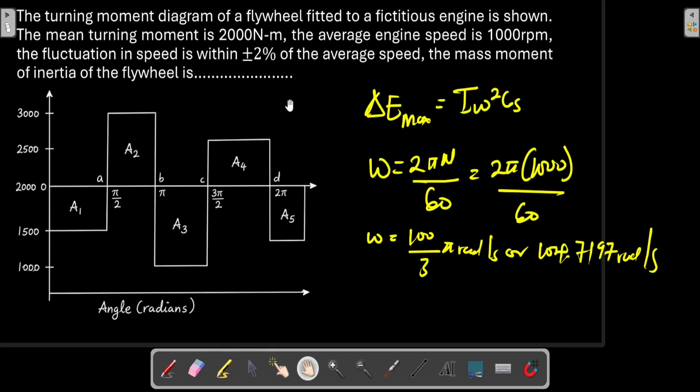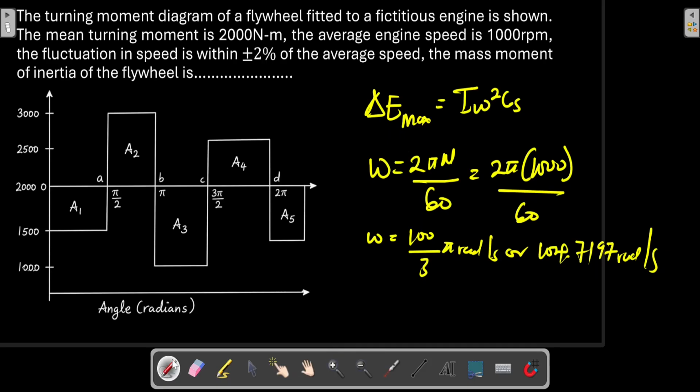So to find the minimum speed, when you find 2% of the average speed, when deducted from the average speed itself, that is your minimum speed. And that particular value, when added to the average speed, will give you the maximum speed.